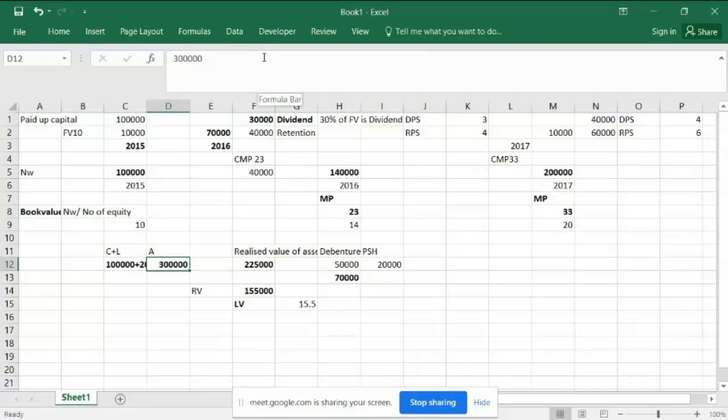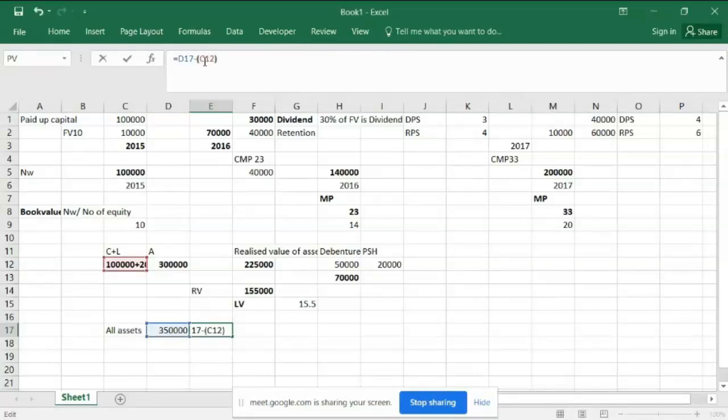In spite of selling the assets, if you are replacing them, and 3,50,000 rupees is needed for replacement of all assets in your organization, then this 3,50,000 rupees minus the total liabilities of 3 lakh rupees leaves the remaining value of 50,000 rupees.